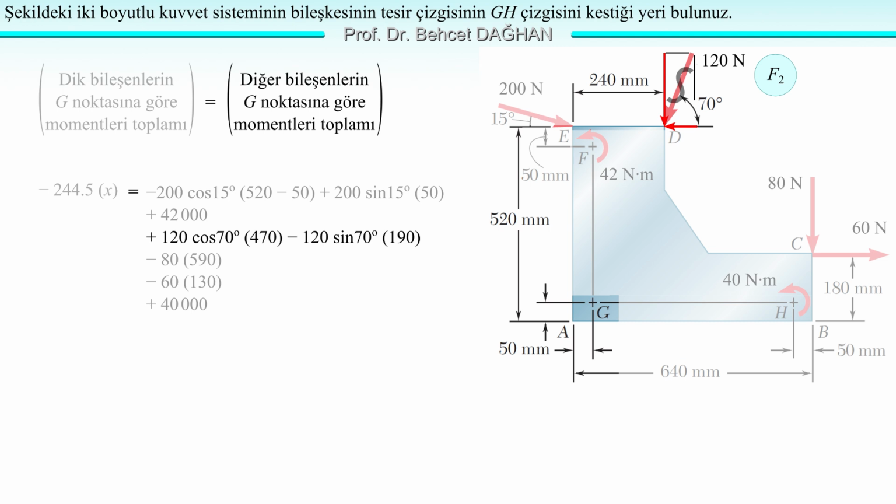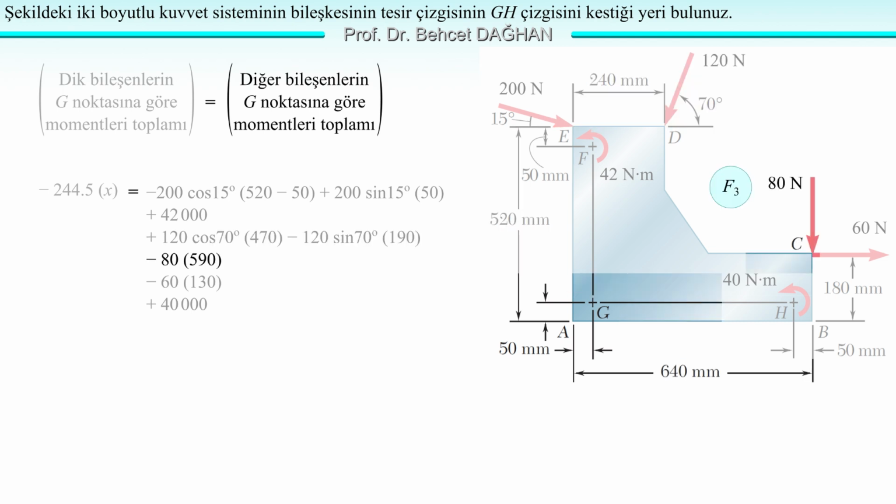The vertical component 120 times sine 70 creates a clockwise moment, so it creates a negative. The moment arm is 240 minus 50 millimeters, so it is 190 millimeters. Let's move on to the 80 newtons force. The moment arm of the 80 newtons force is 640 minus 50, so 590 millimeters. Its moment is also clockwise, so it is negative.